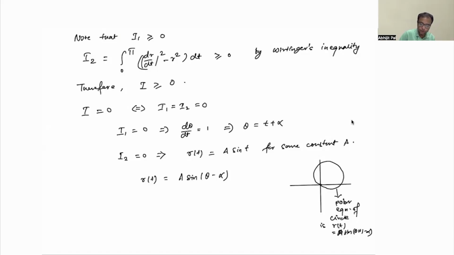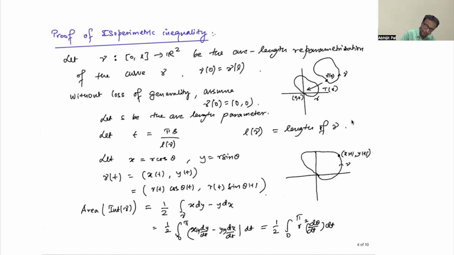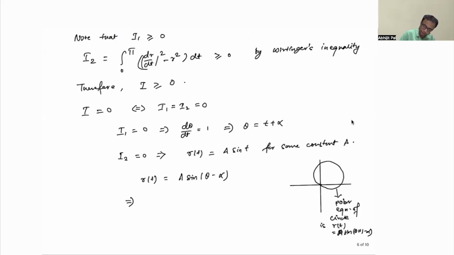All right. So what we have shown is that this curve gamma is a circle. Therefore, we have proved this isoperimetric inequality. All right, we'll stop here.